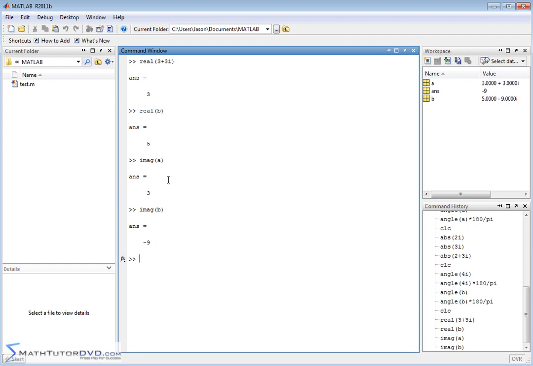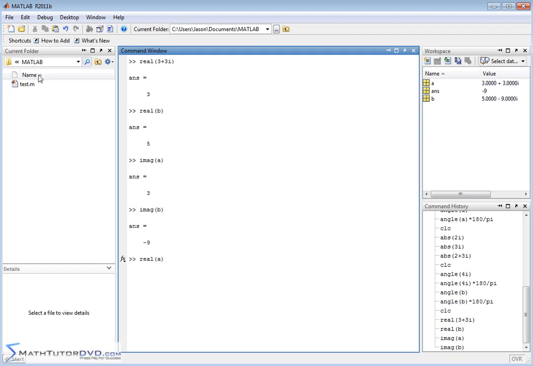You probably would not use these so much when you're just working with basic complex numbers, but you might use them a lot if you're programming in Matlab. Maybe you're writing a function with a very long calculation, an integration or something like that, the result of which might be complex. Maybe you only care about the real part of the result.